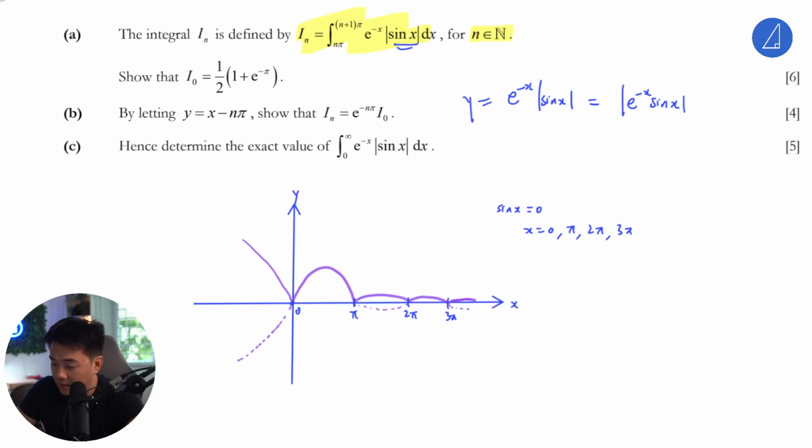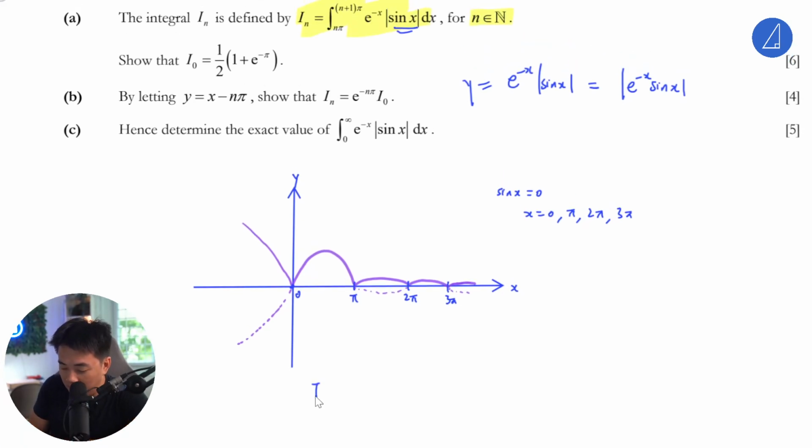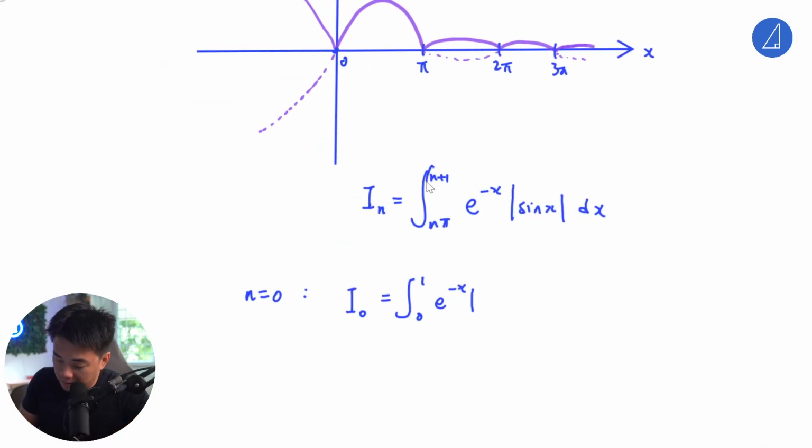So now what we want is I0. I0 will be from 0 to pi. You can see that. Because when n is 0, the integral is from n pi to (n+1) pi of e to the minus x sine x dx. So when n is 0, we rewrite this to I0, the integral from 0 to pi.